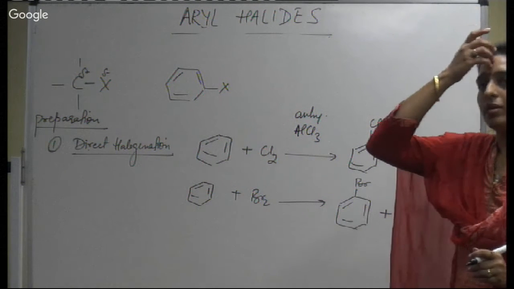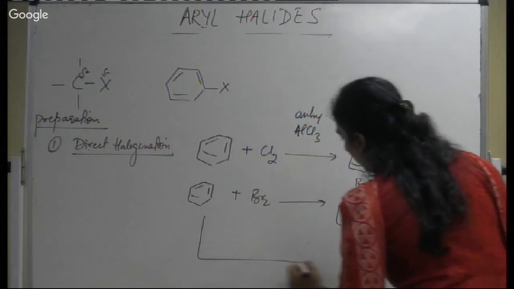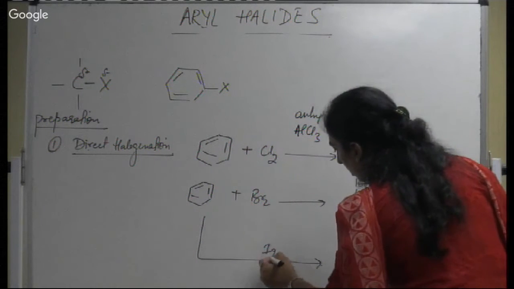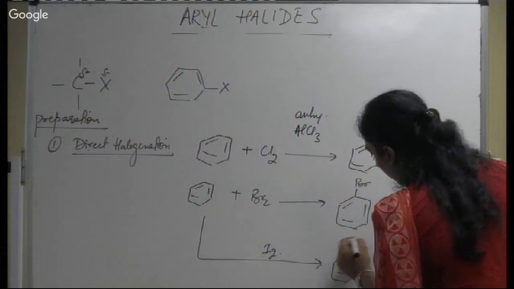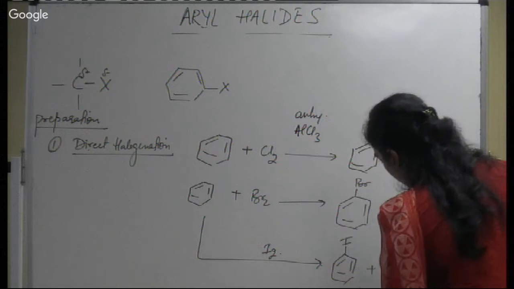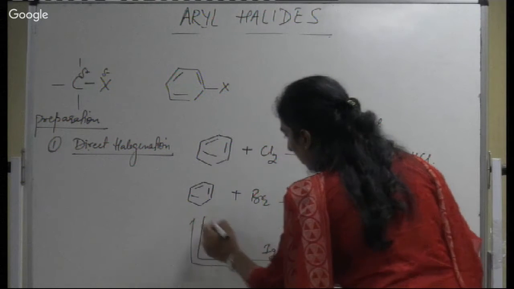But iodo compounds cannot be prepared that way. You cannot prepare iodobenzene in the same way. There is a reason behind that, because the reaction is reversible. Why is it reversible?